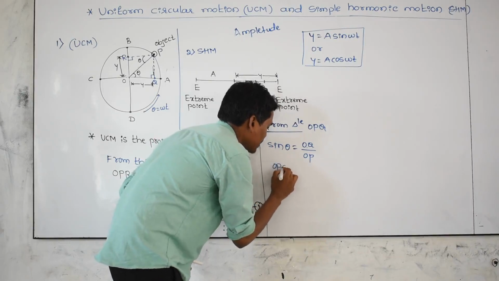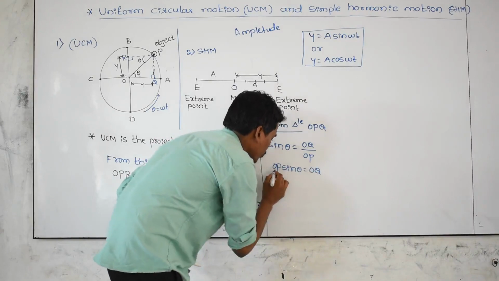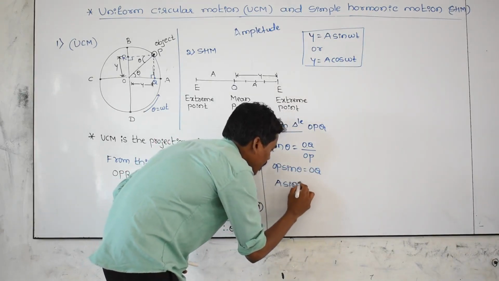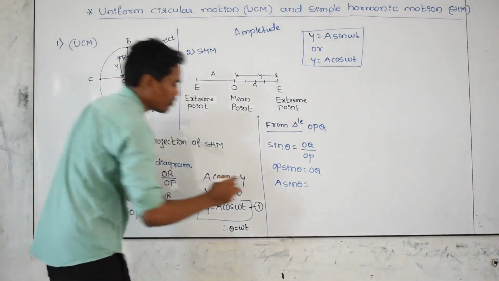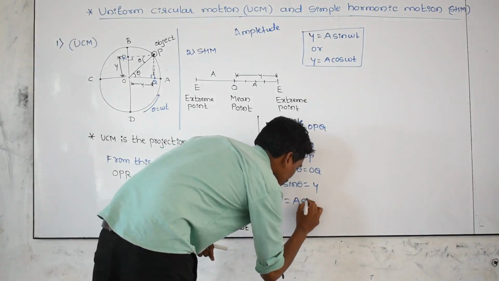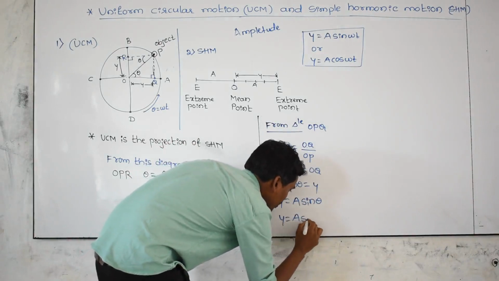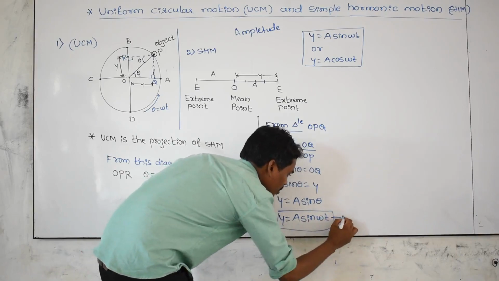Therefore OP sin theta is equal to OQ, and OP I am taking as the amplitude, A sin theta, and OQ I am taking as the displacement Y again. Therefore Y is equal to A sin theta, and Y is equal to A sin omega T. Let us take it as equation number 2.